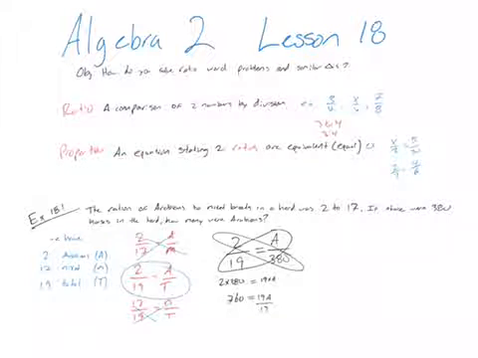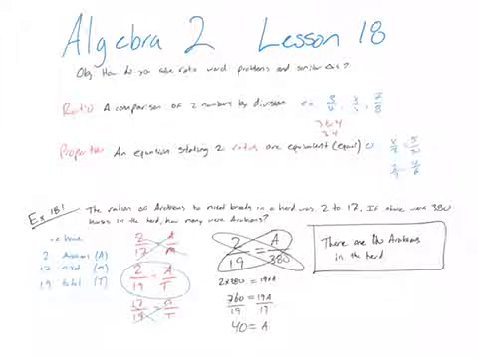Dividing by 19, I would get A is equal to 40. So I would say there are 40 Arabians in the herd. Remember, word problem means word answer.